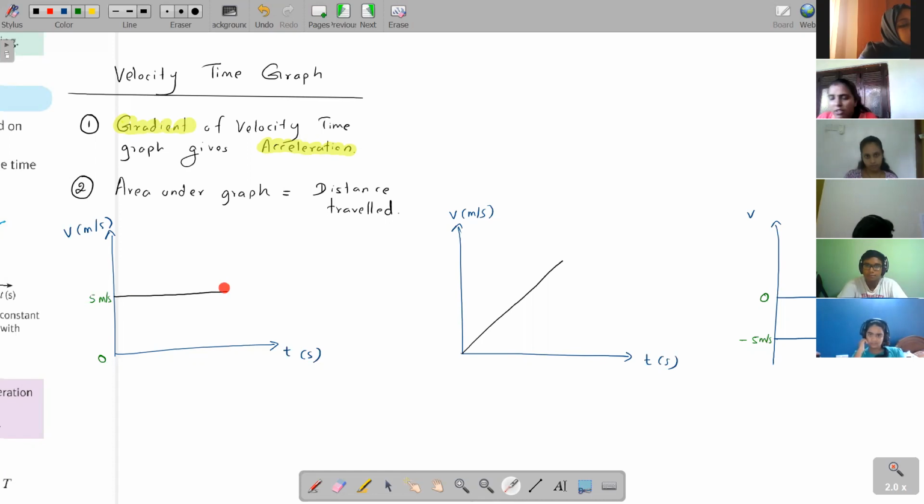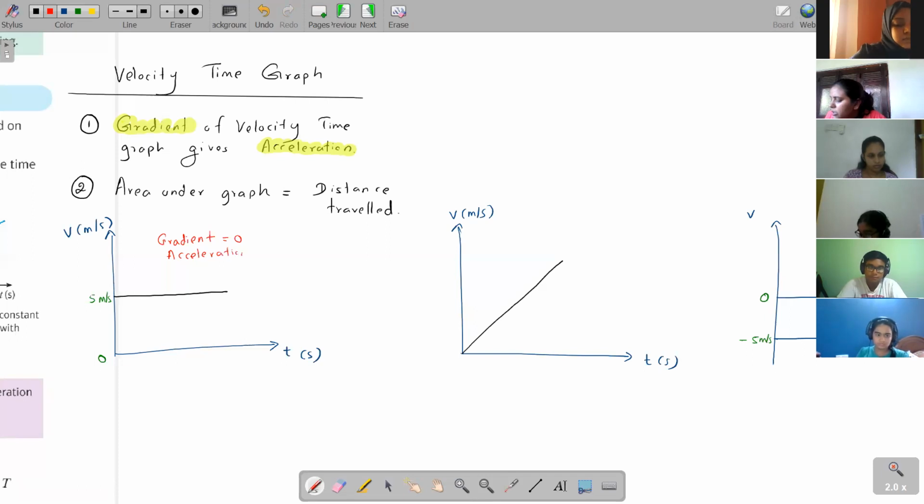Now look at the first graph. The gradient is 0, so there is no acceleration. But does acceleration being 0 mean velocity is 0?